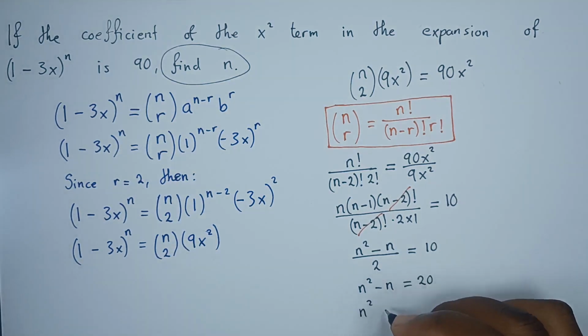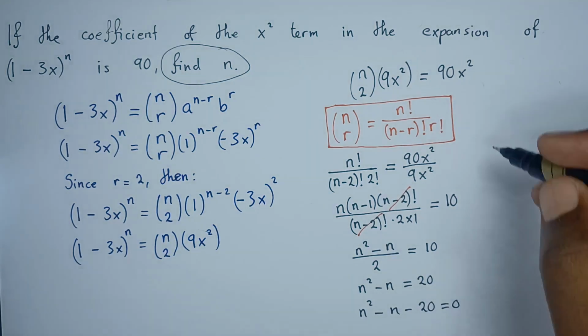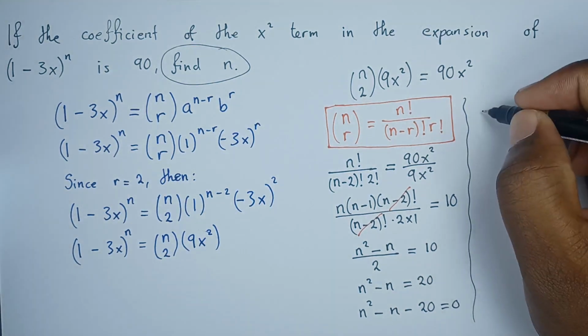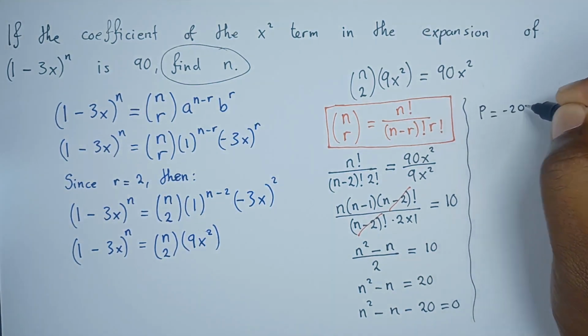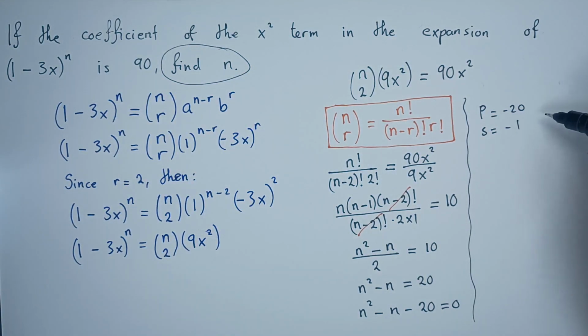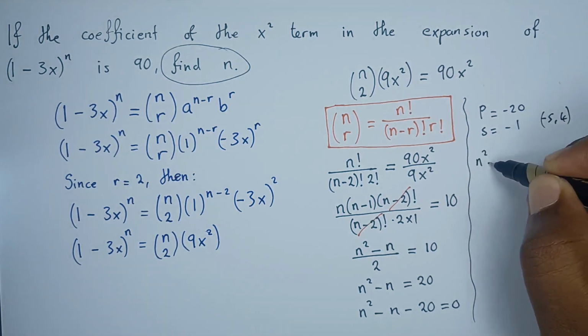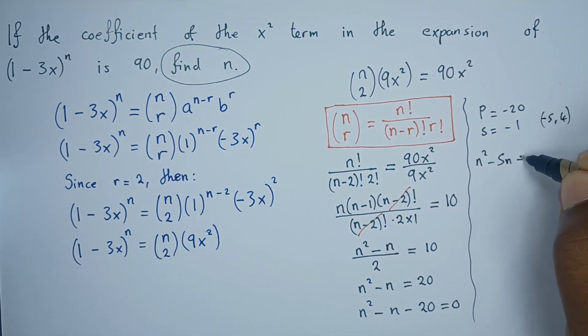So n squared minus n minus 20 is equal to 0. At this stage, it's just straightforward because we just have a typical quadratic equation of which our product is negative 20 and our sum is negative 1. The two values that we can use are negative 5 and 4. Hence, n squared minus 5n plus 4n minus 20 is equal to 0.